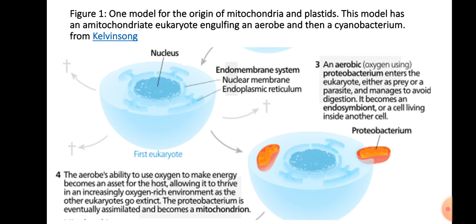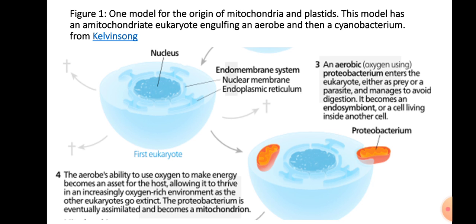Second, after the nuclear membrane is formed and the endoplasmic reticulum is formed, aerobic proteobacteria enter the eukaryote either as prey or parasite and manage to avoid digestion. It becomes an endosymbiont, a cell living inside another cell.